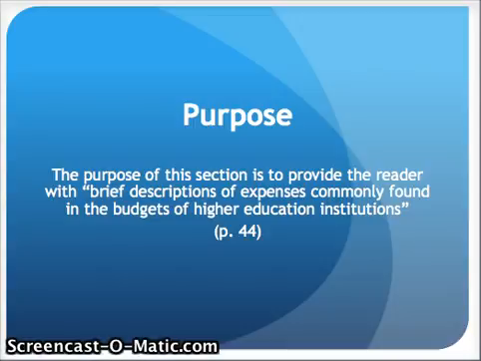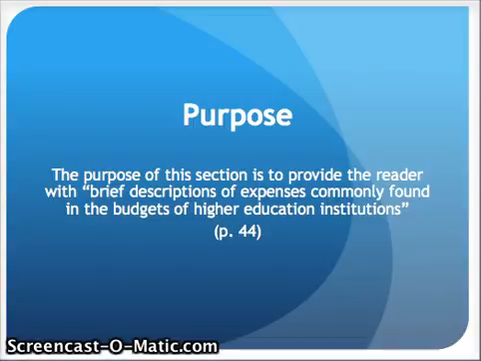So a little background on this was that in 2007 and 2008, expenditures for higher education institutions reached $400 billion. And two-thirds of this amount was being spent by public institutions. And so that's notable.